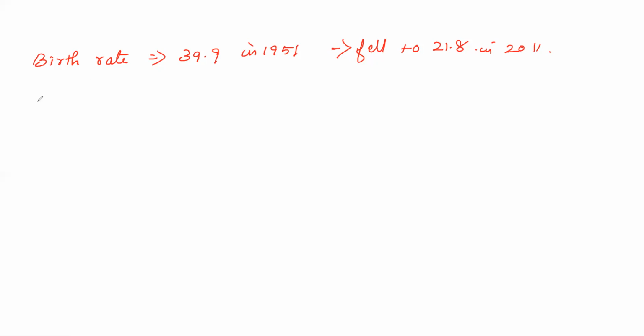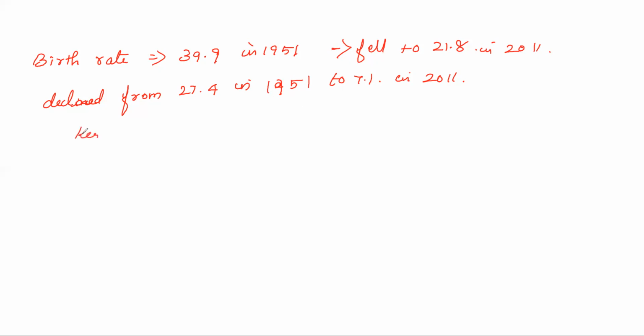The death rate has declined from 27.4 in 1951 to 7.0 in 2011. So from the data it is clear that the fall in birth rate is less than that of the death rate.